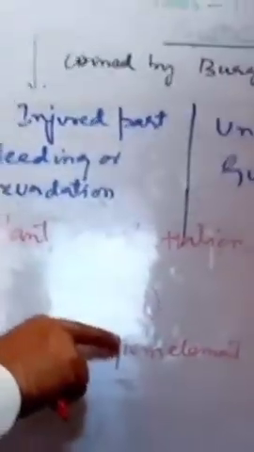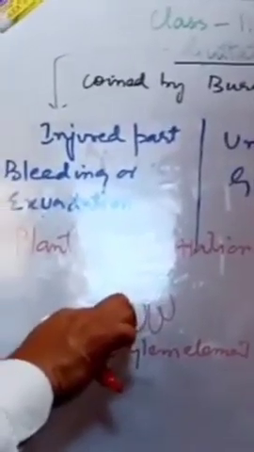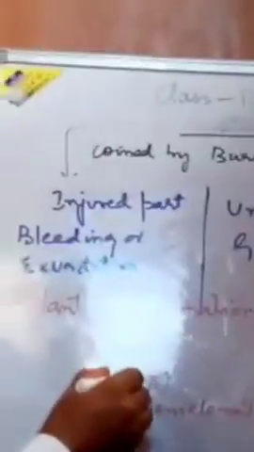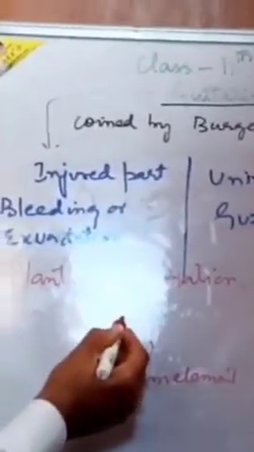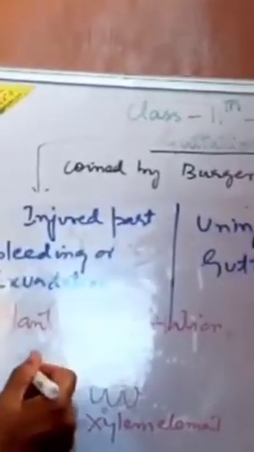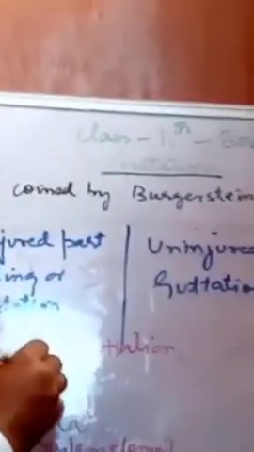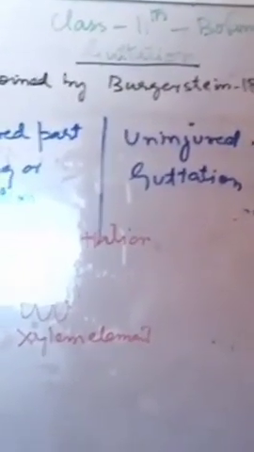When water is transported through the xylem and transpiration is low, this water enters through these gaps and then moves out through the pores, which are called hydathodes or water stomata.